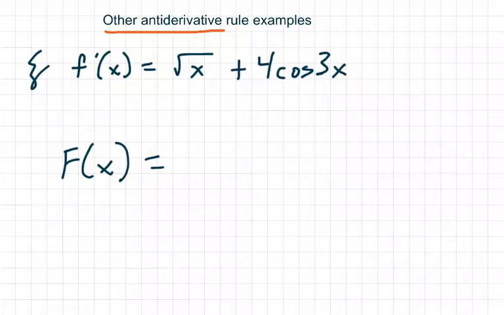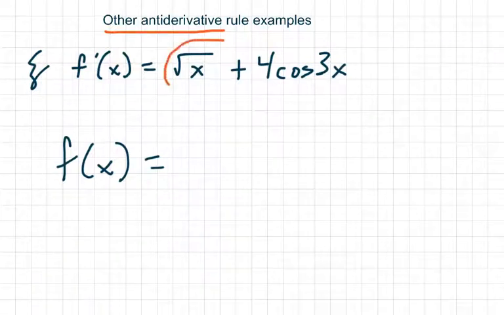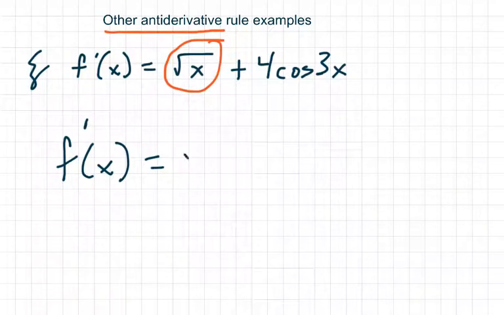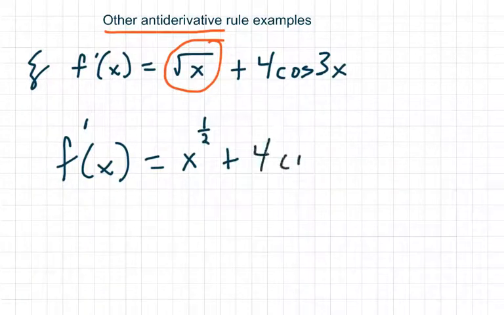f prime of x. Let me change this notation to f of x then. We've got a radical here, which of course is the exponent of 1/2. So maybe I'll keep this just the way it is, and I'll change this first so you can see exactly what I'm going to do.